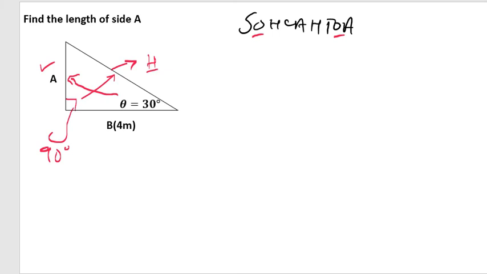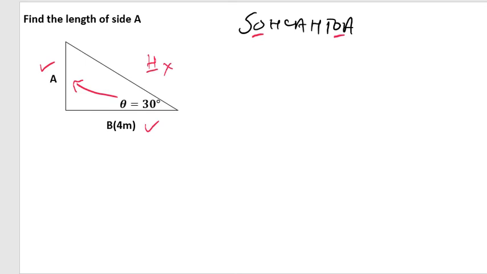This side is okay. So let's do the application. Let me just erase this, we don't need it. I told you that this is your opposite, so you've got opposite and adjacent.